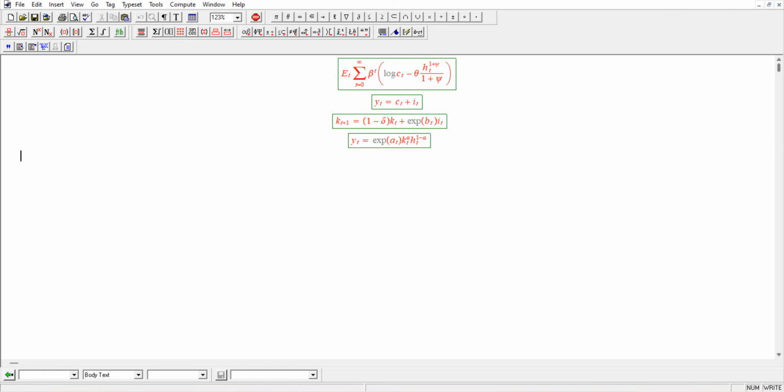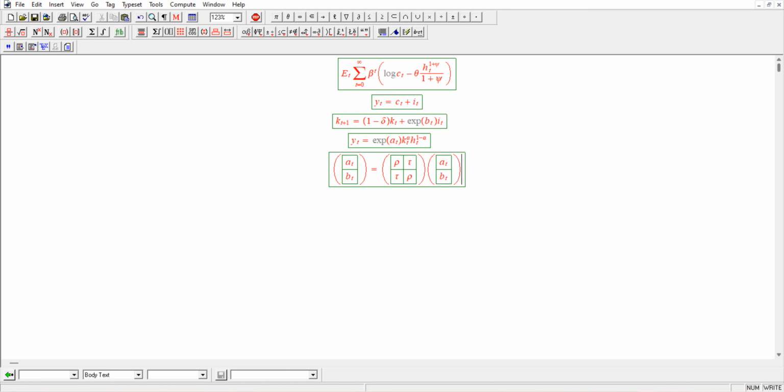Now we need to specify the stochastic process for A and B, and the way we're going to do it is as follows. We probably want to allow the two variables to be correlated, and so they follow a joint process where, the way I'm going to write it down, there is a persistence parameter rho that is the same for both of them, and a parameter tau that involves how they influence each other.